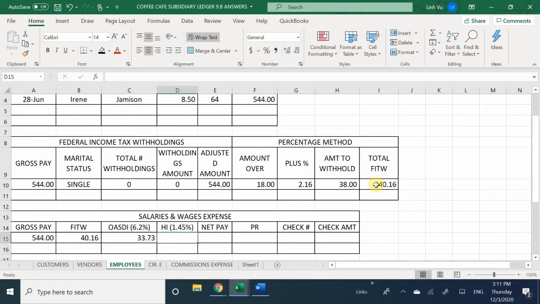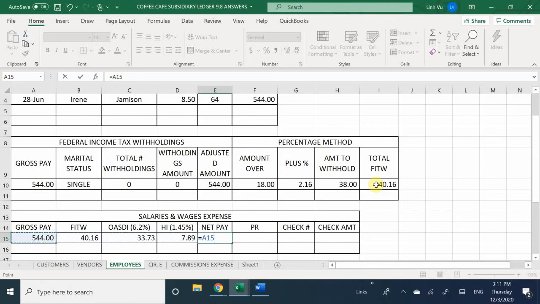Other things that need to be included is Medicare. Let's see how much Medicare is going to be. If Medicare is 1.45% of her paycheck, that's $7.89. So her total net pay that she's going to receive is how much?